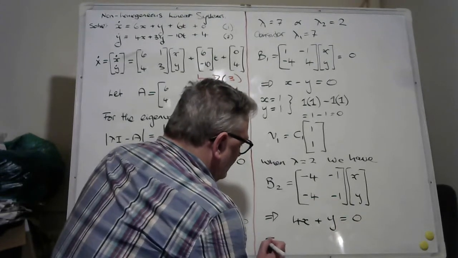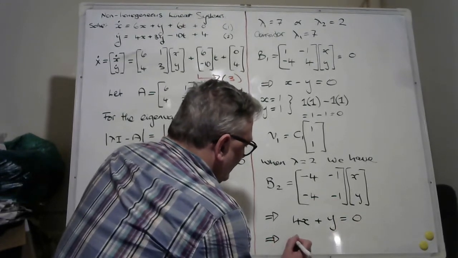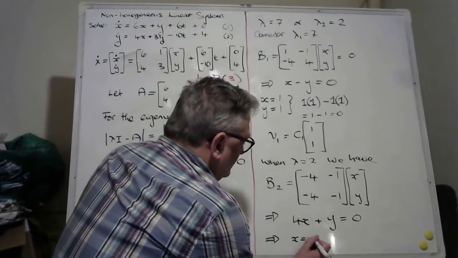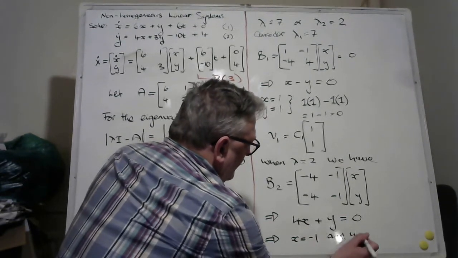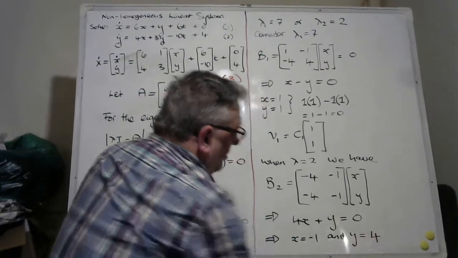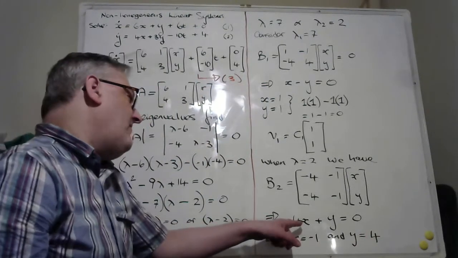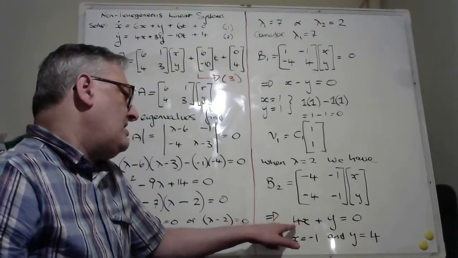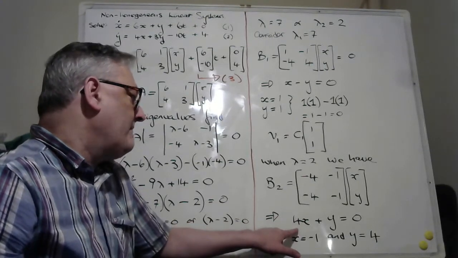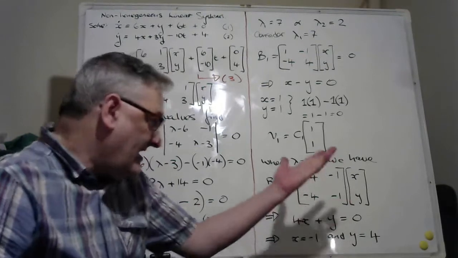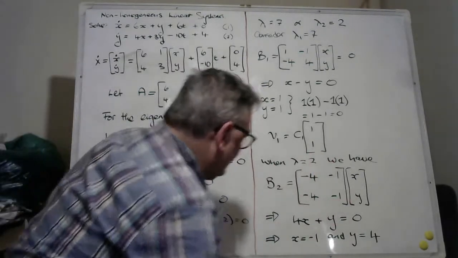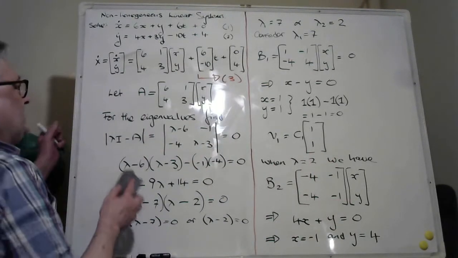This implies further that x can be chosen to be minus 1 and y can be chosen to be 4. And as you can see, when you've got x equal to minus 1, you've got a minus 4 here, plus 4 equals 0. So that is our second eigenvector.